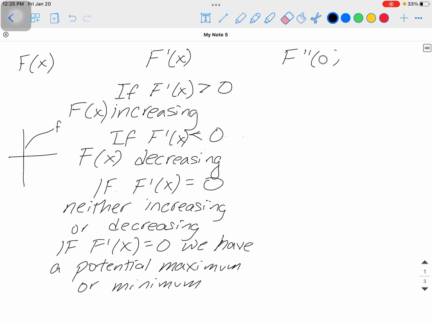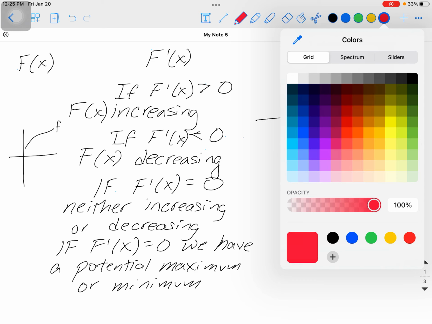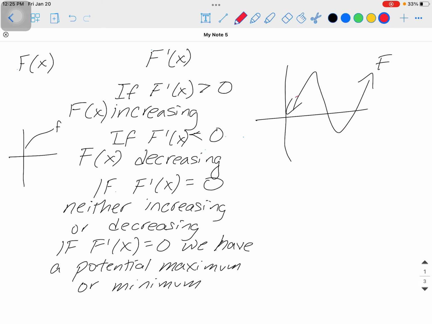Erase this over here real quick so I can add a little picture. The reason I say potential is that if we have some function, we'll call this f, and we think about this segment, that function is increasing every spot that line is red.